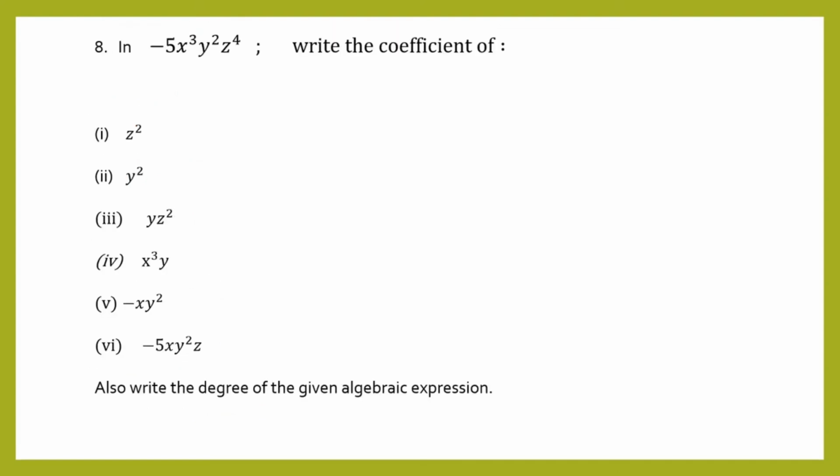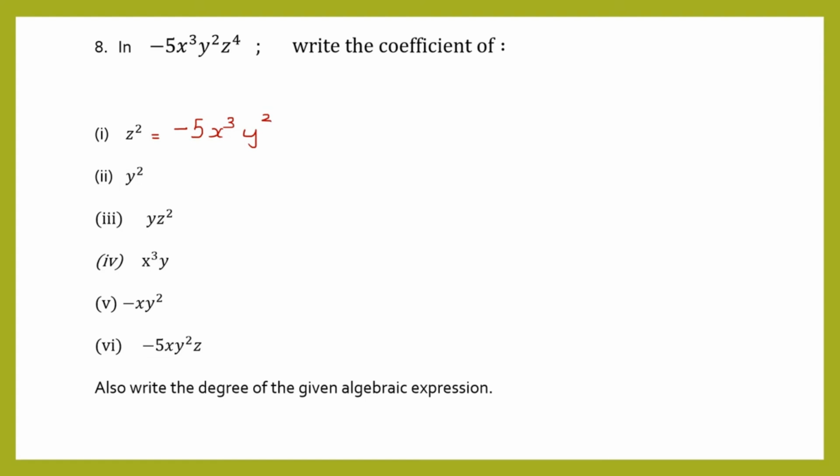So here we have one term. Write the coefficient of these that are given here. Only z square. That means I remove z square and I write the rest of it. Okay. Now let me write the rest of it. That becomes minus 5x cube y square and z.